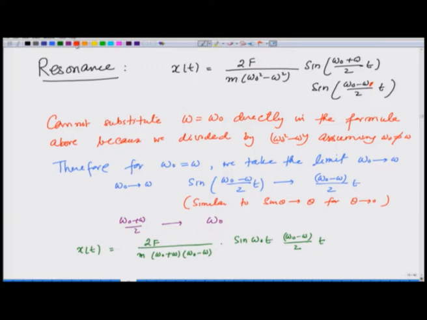Now, I will cancel terms, omega 0 minus omega cancels with omega 0 minus omega, this term is like 2 omega 0, and therefore, the answer I get finally is going to be f over 2 m omega 0 times t sine of omega 0 t. This is my final answer.